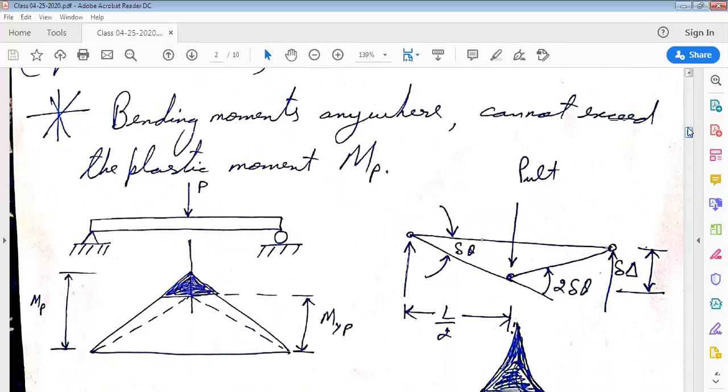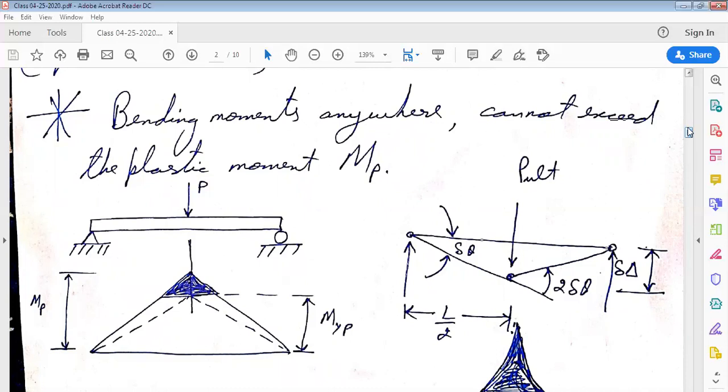And you can please see the mechanism. In this mechanism, we have introduced from our side a hinge at the center of the beam. So introduction of hinge at the middle of the beam allows us to propose a collapse mechanism which we are seeing on the right side of our screen.